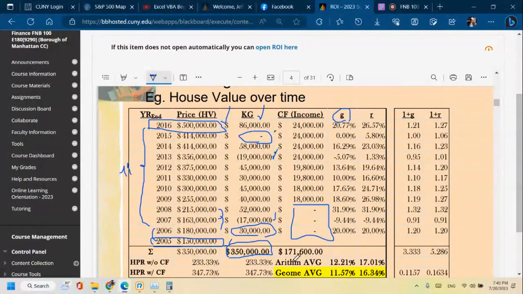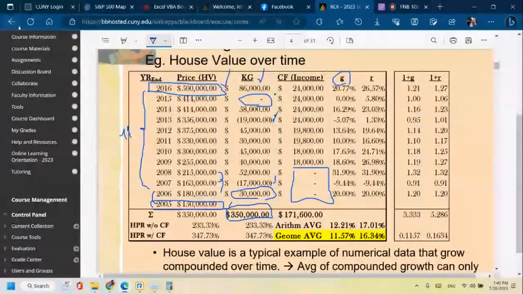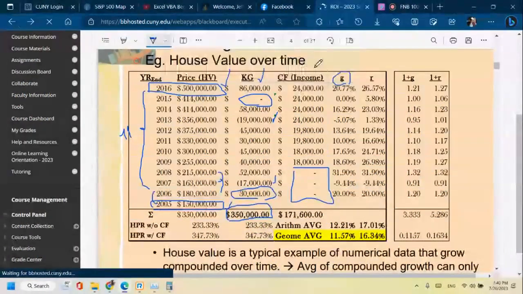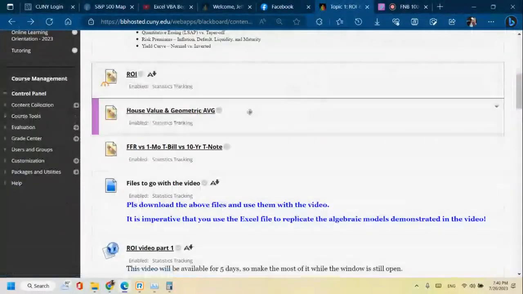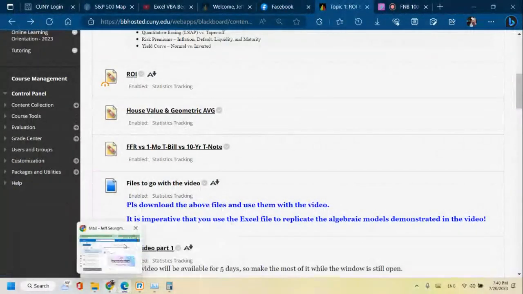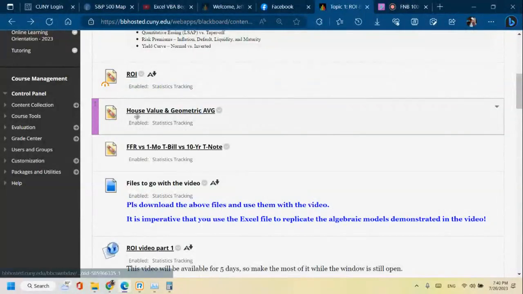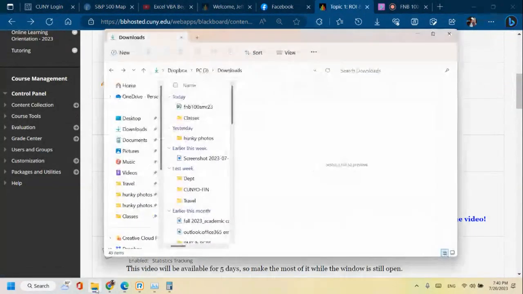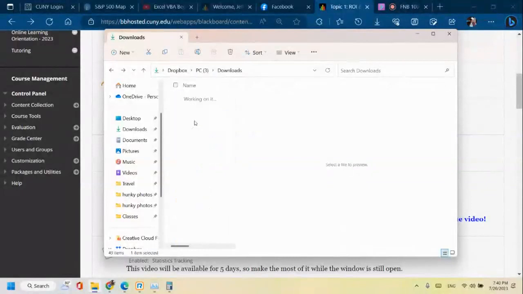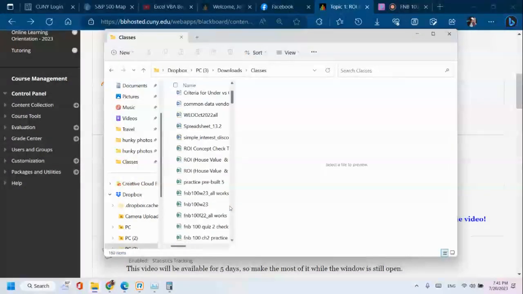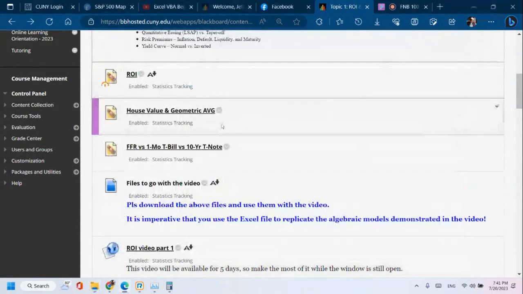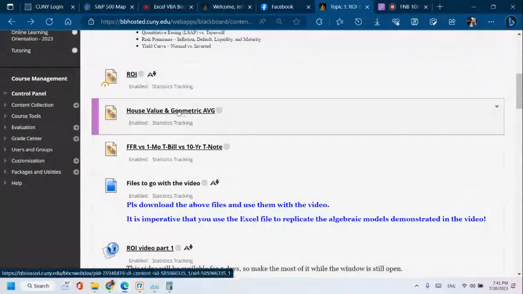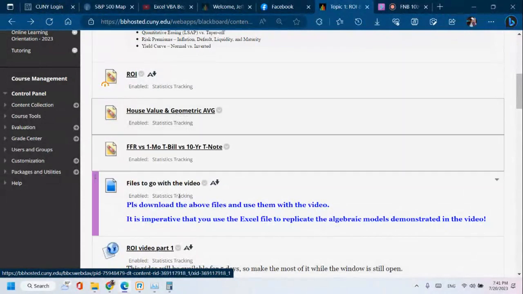So let's do this with Excel, okay? I must have already downloaded this file somewhere. Let me just. Now, you need to download this file, right? This is the file you need to download. This is an Excel file, okay?